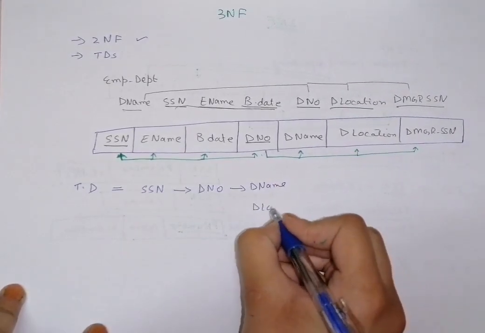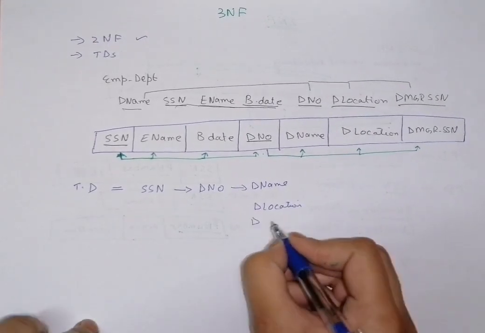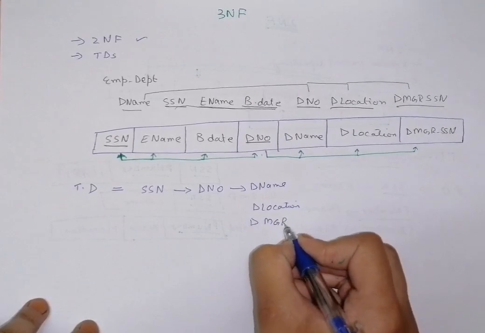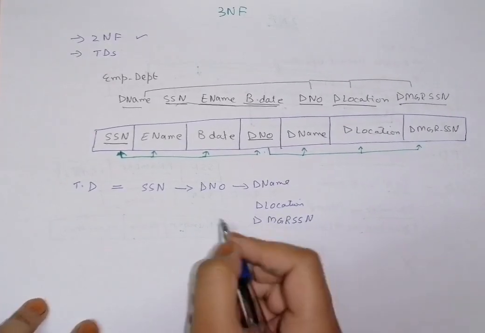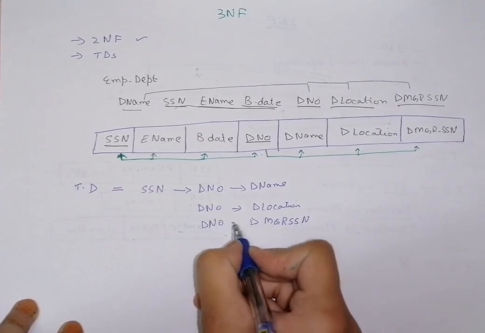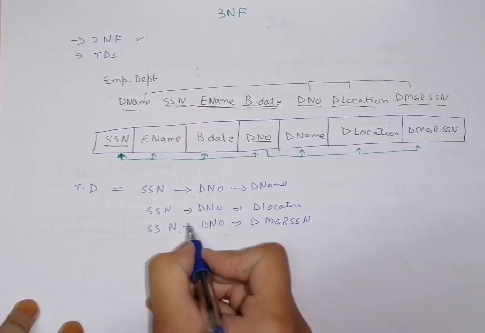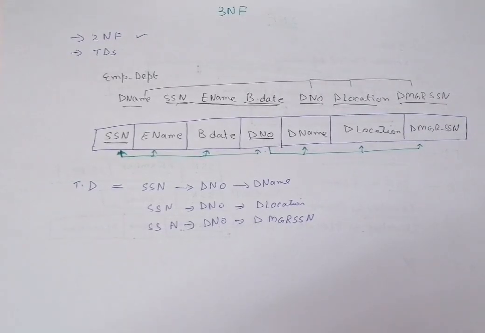Similarly, department location and department manager SSN all depend on department number for their unique existence, which in turn depends on SSN for its unique value in this particular table.